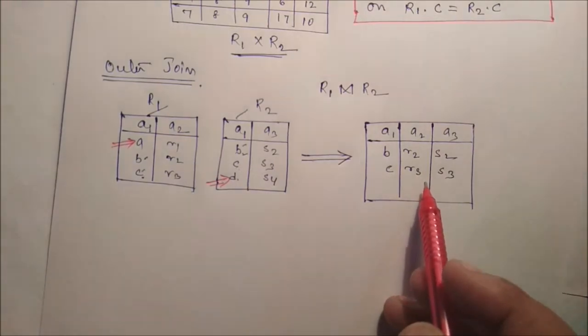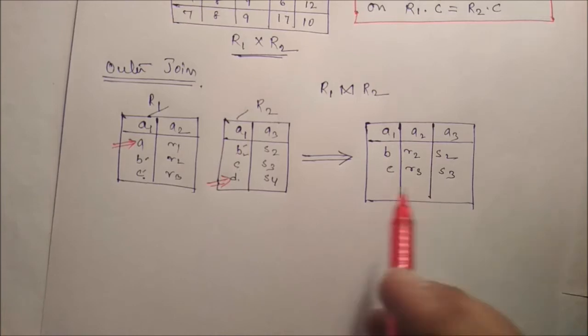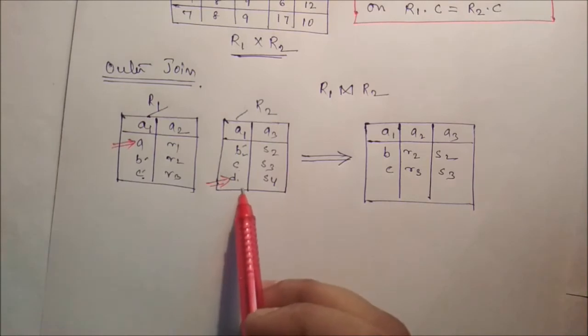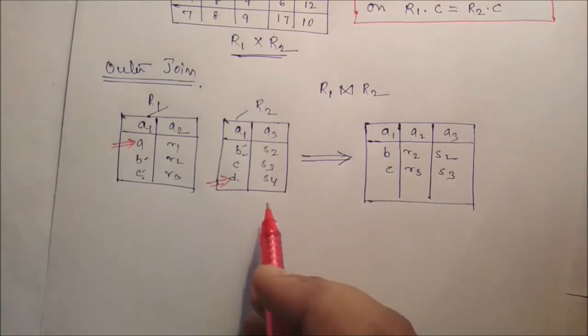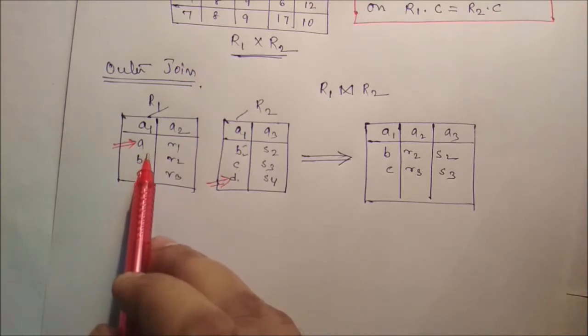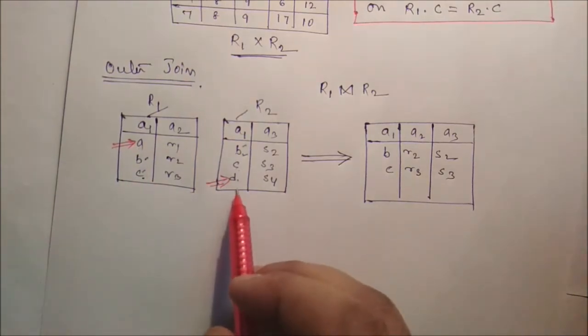But suppose we want to include all the rows from the participating relation. Suppose we need to include A as well as D, then we have to apply outer join. If we want to include the attribute A, we apply left outer join. If we need to add the attribute D, we apply right outer join.